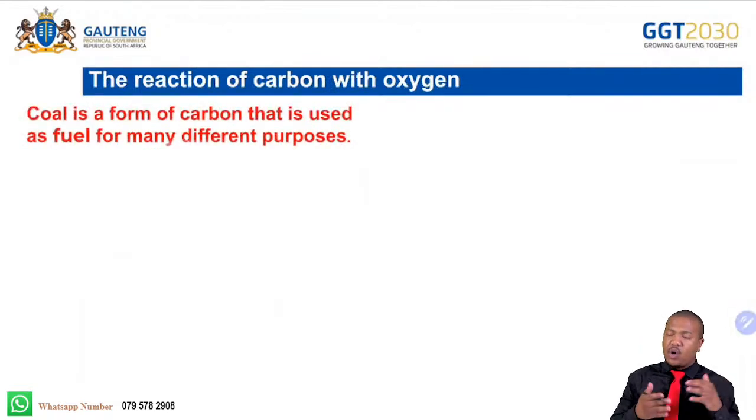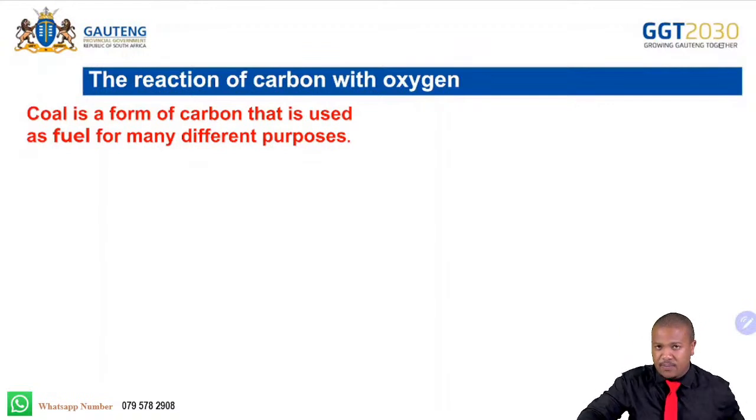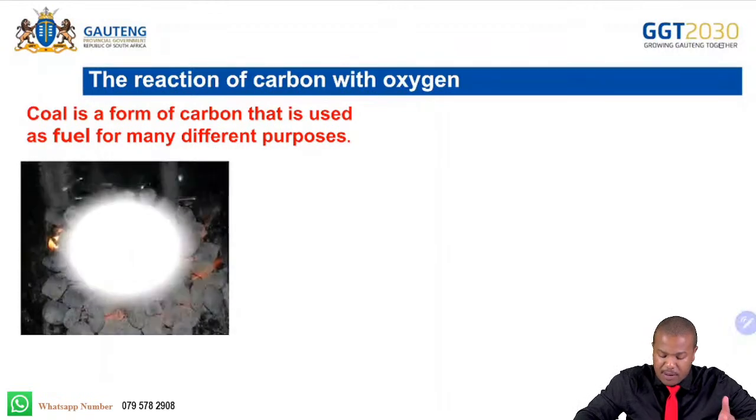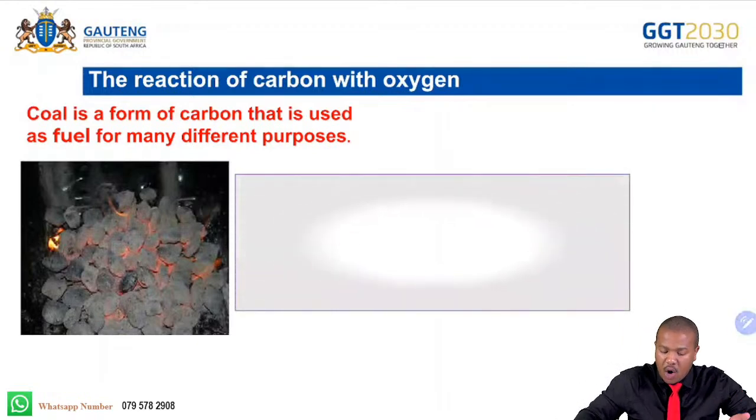So let's take it back to our term 2 to look at the reaction of carbon with oxygen. Remember, coal is a form of carbon, and it is used as a source of fuel for many different purposes. We have coal being burnt to braai meat, to generate electricity, and to keep us warm in our homes.